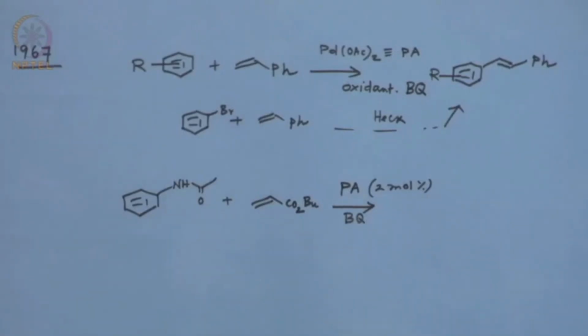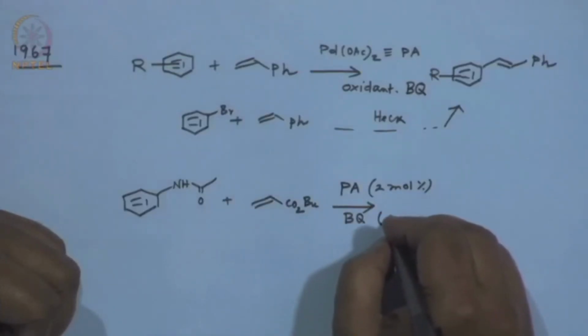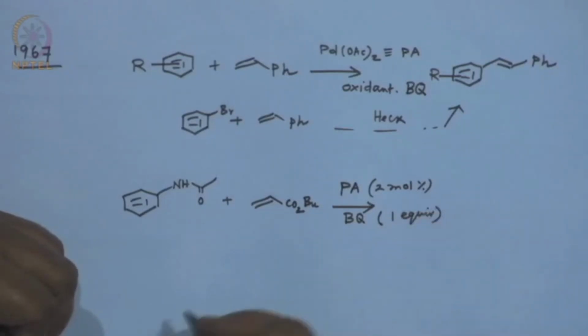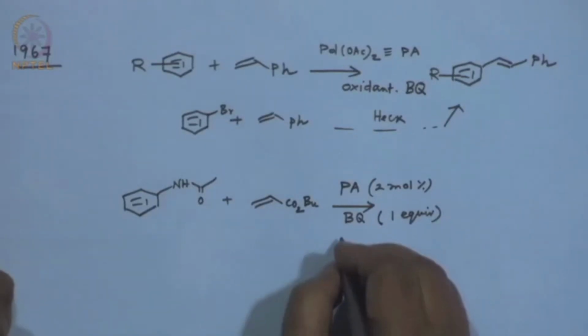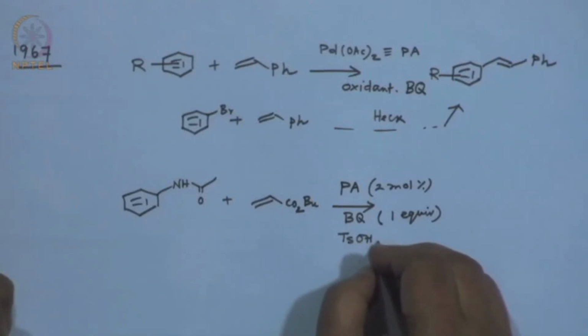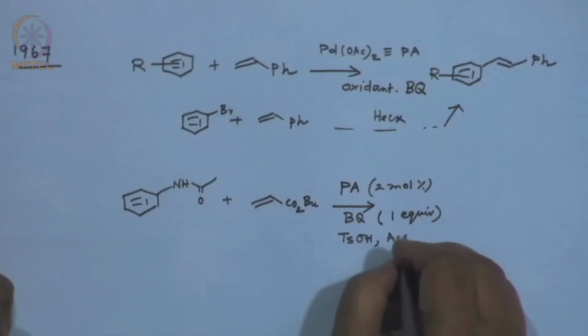Mind it, it is an oxidizing agent. Two hydrogens are getting eliminated from this, so what should be the equivalent? It should be at least 1 equivalent, because you have to remove 1 equivalent of hydrogen, and the other is acetic acid.